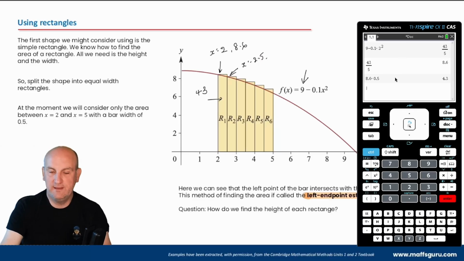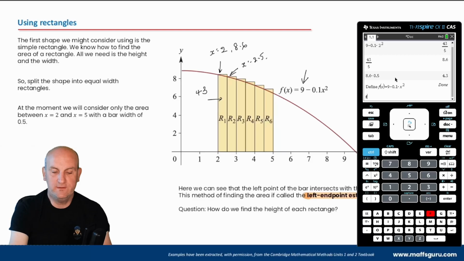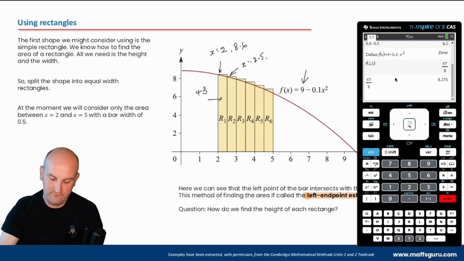Well, to make life a little bit easier for me, I can define f of x equals 9 minus 0.1 times x squared. Hit enter. And now if I just do f of 2.5, hit enter, and again, let's turn that into a decimal, I get 8.375.